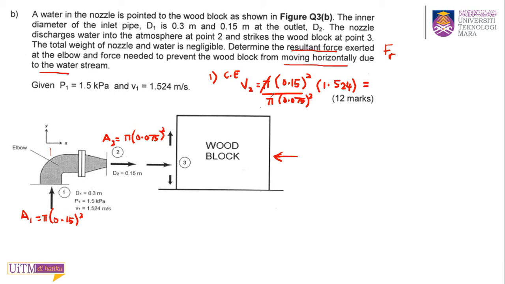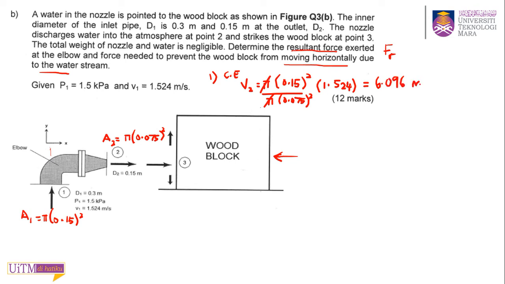Cancel the pi. 0.15 squared over 0.075 squared times 1.524. What is the value of V2? 6.096.